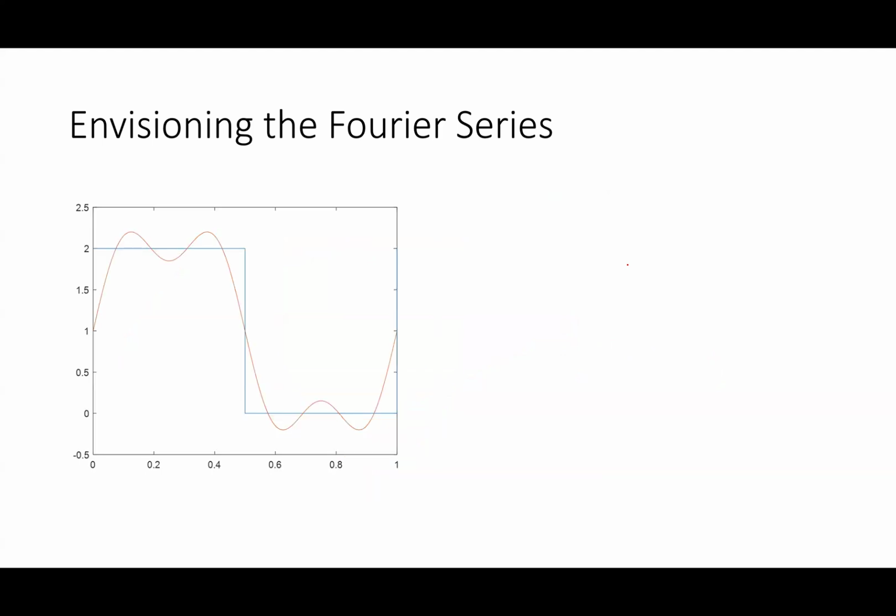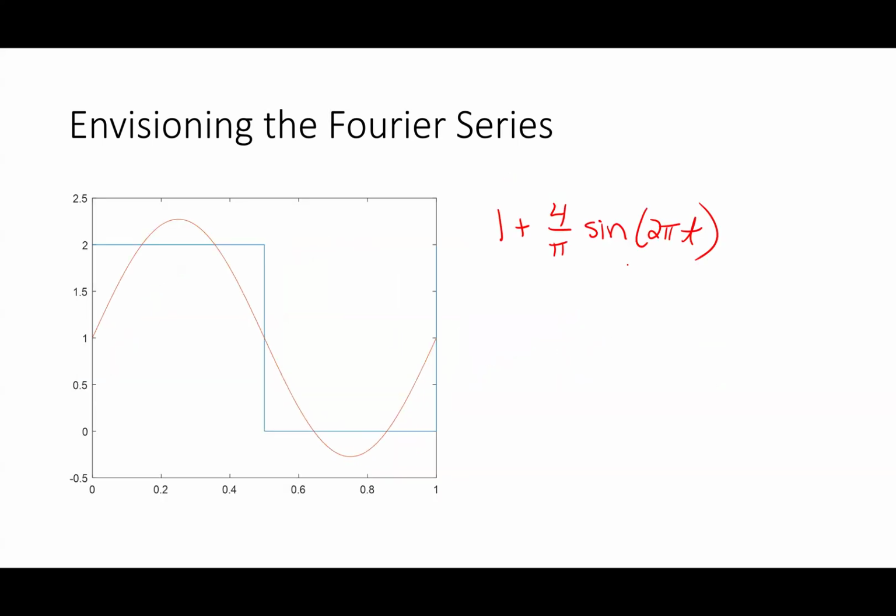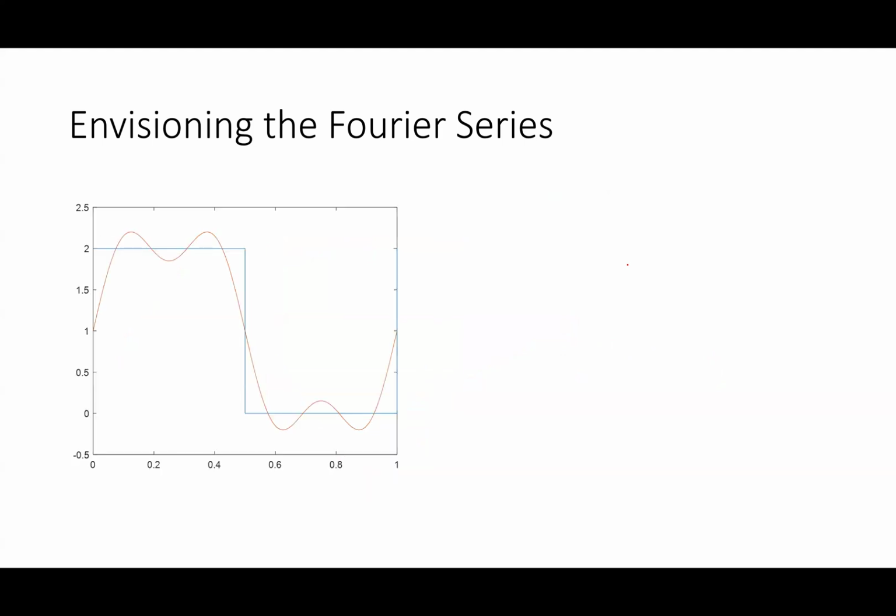So here I took a sine wave. Then I shifted the sine wave up. What did I do here? Well, I still have 1 plus 4 over pi sine omega t. What do you think I added to it? Not a cosine wave. It's a good guess.